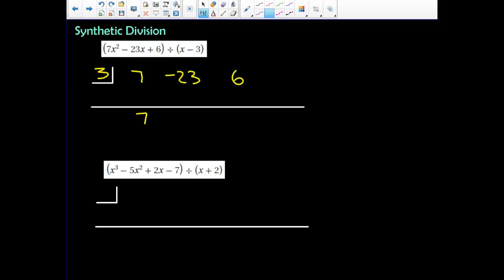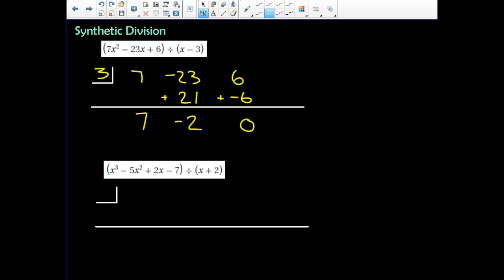Bring the first one down, copy it down there. That starts everything off. So 7 comes down. Multiply. 3 times 7 is 21, and then add. Negative 2. Multiply. 3 times negative 2 is negative 6. Add. 0.